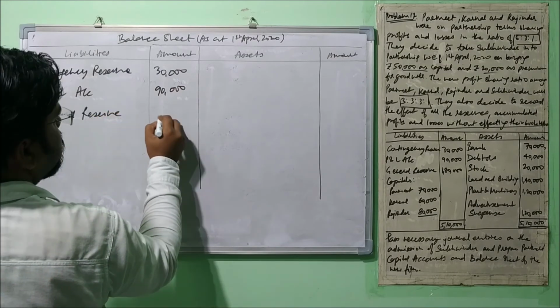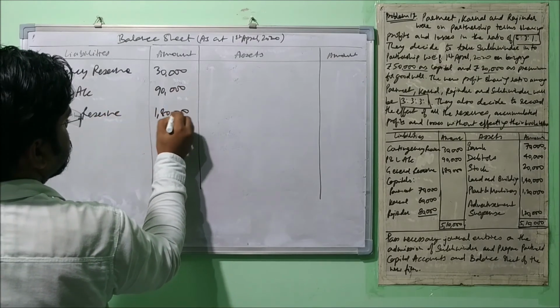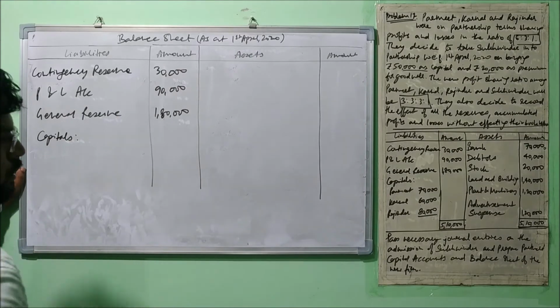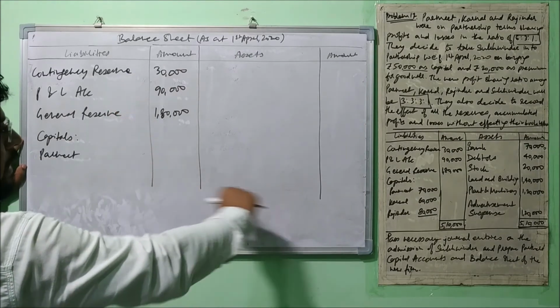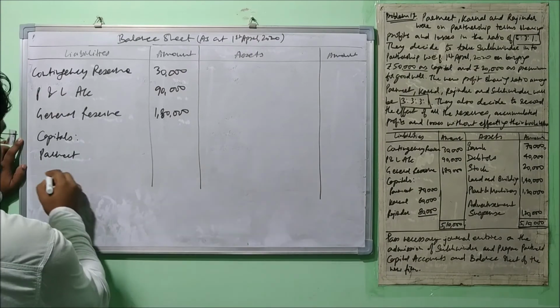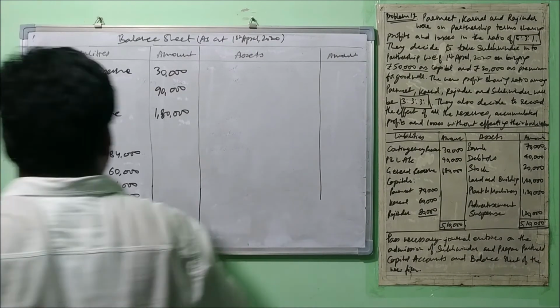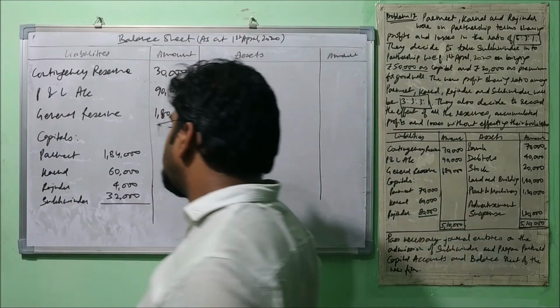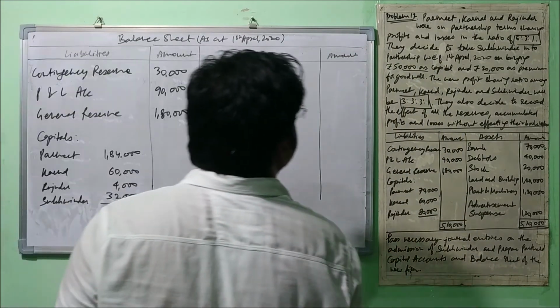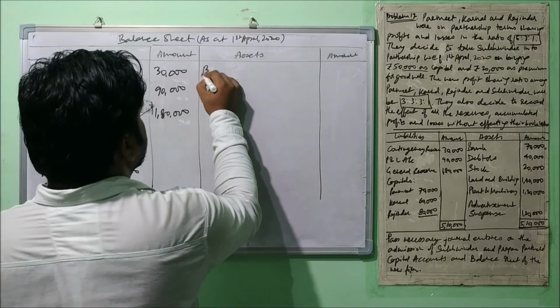General reserve, 1,80,000. Capitals will be changed, right? Because the statement was there not to change these. And for the advertisement suspense, we'll put the capital values. Alright, 1,84,000, 60,000, 4,000, and 32,000. Let's do the total of that. 2,80,000, right?